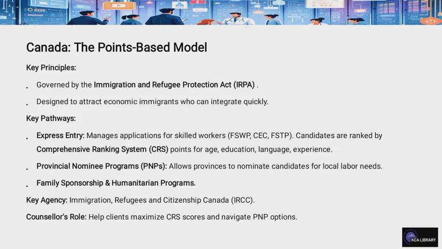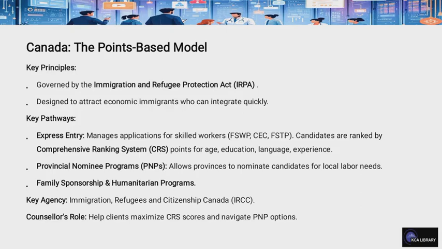For Canada, as has been said, it is a points-based model. It is governed by the Immigration and Refugee Protection Act, the IRPA, and it is designed to attract economic immigrants who can integrate quickly.